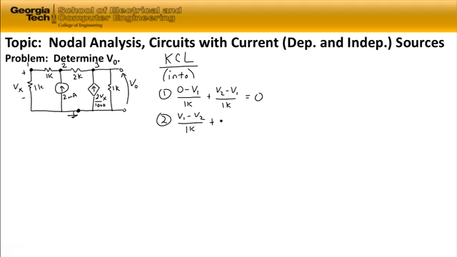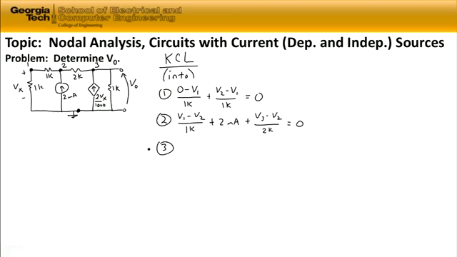It's a positive current, so it's plus 2 milliamps. And we have the current through the 2 kilo ohm resistor at the top of the circuit, from node 3 to node 2, so it's plus V3 minus V2 divided by 2K. And that's equal to 0. That's all the currents flowing into node 2.